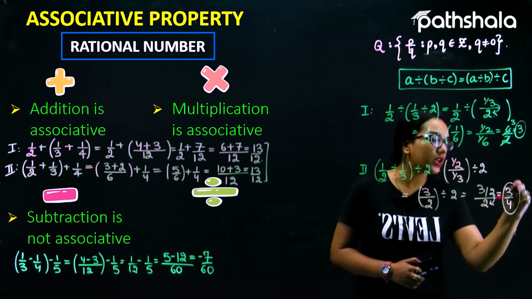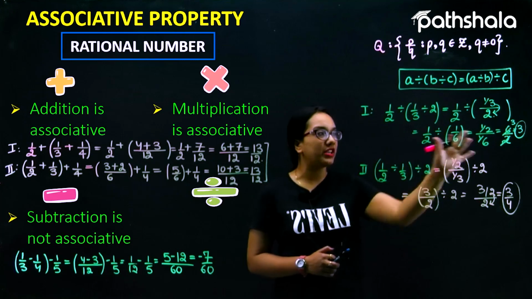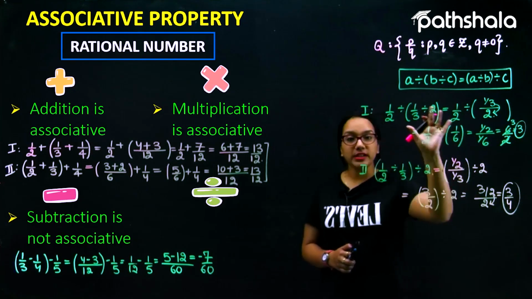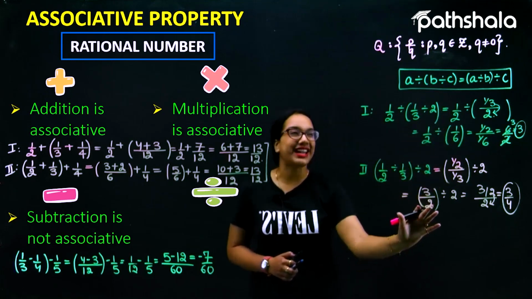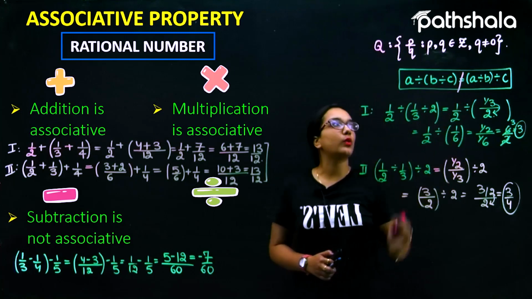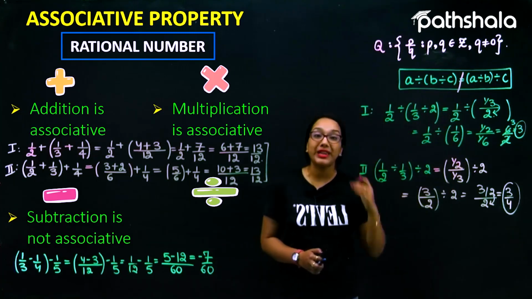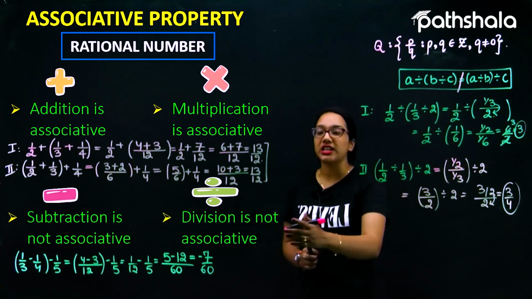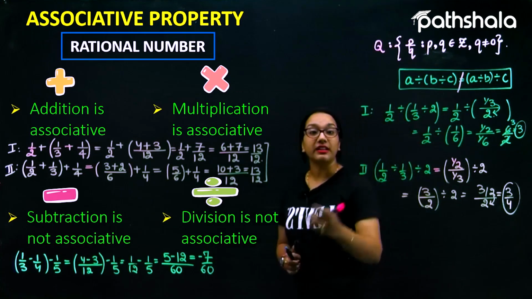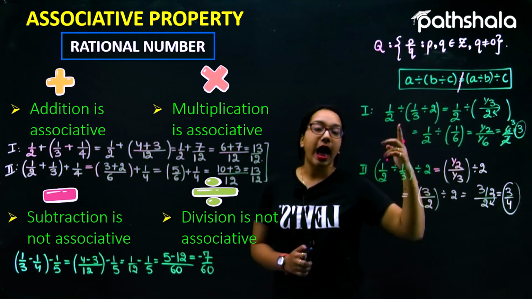So what is the conclusion that we are getting from these two answers, that is from 3 and from 3 by 4? That is, the first case is not equal to the second case. It means that A divide B divide C is not equal to A divide B divide C, which means that the division is not associative in nature, because we are getting different answers from case 1 and from case 2.